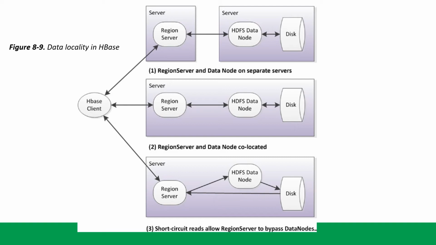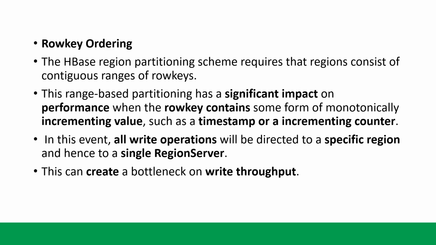In the first configuration, the region server and the data node are located on different servers and all reads and writes have to pass across the network. In the second configuration, the region server and the data node are co-located and all reads and writes pass through the data node, but they are satisfied by the local disk. In the third scenario, short circuit reads are configured and the region server can read directly from the local disk.